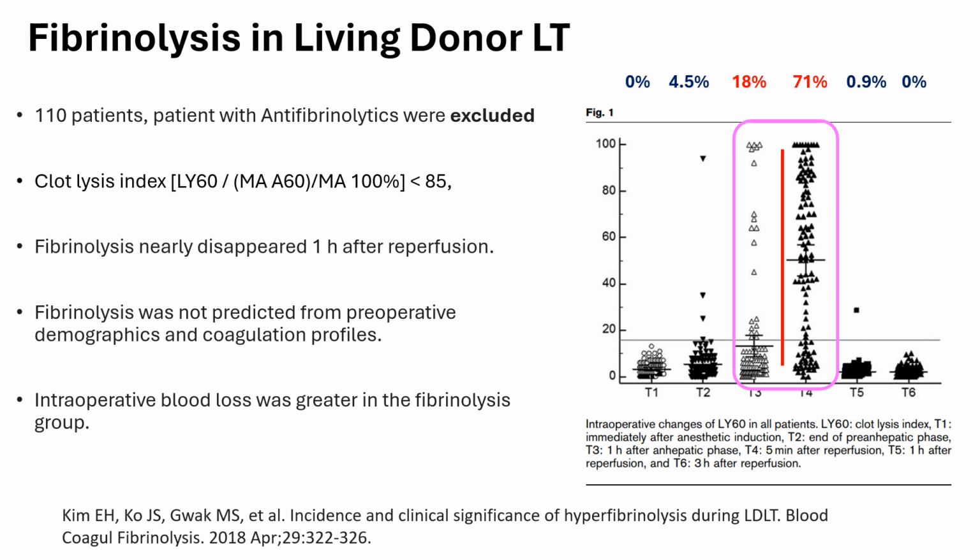Fibrinolysis in the study, when they looked into other data, was not predicted from pre-op demographics and coagulation profiles. This study also found that the intra-op blood loss was greater in the fibrinolysis group. They did not comment on whether the blood loss was because fibrinolysis occurred or fibrinolysis occurred because of more blood loss.